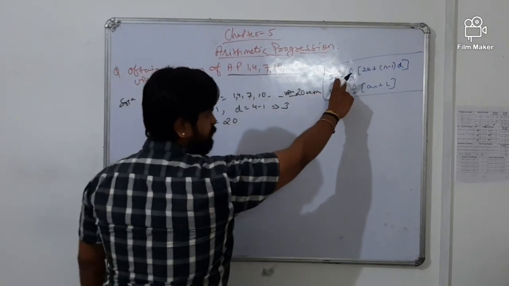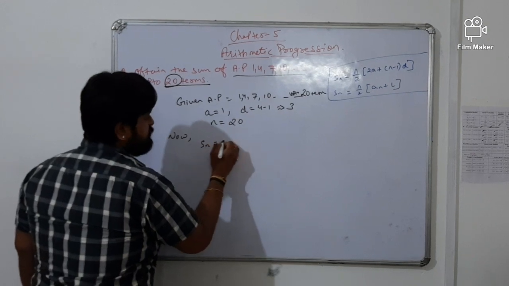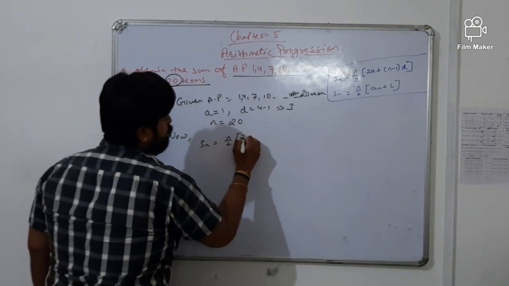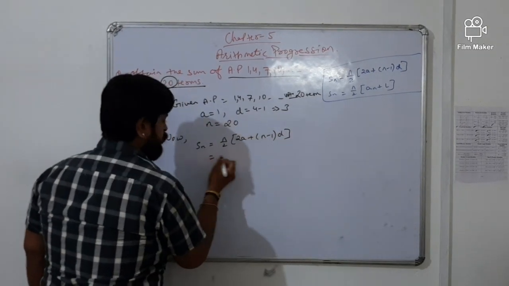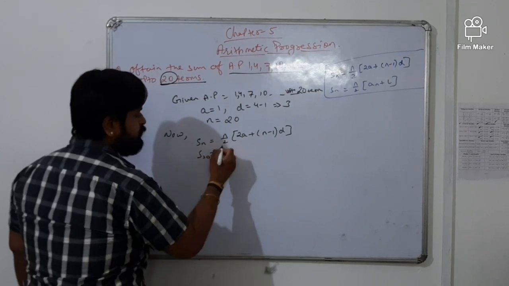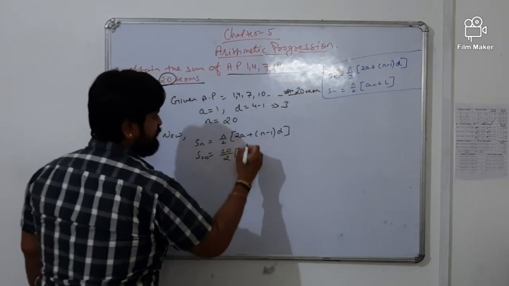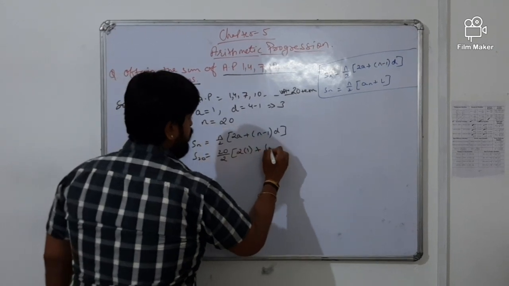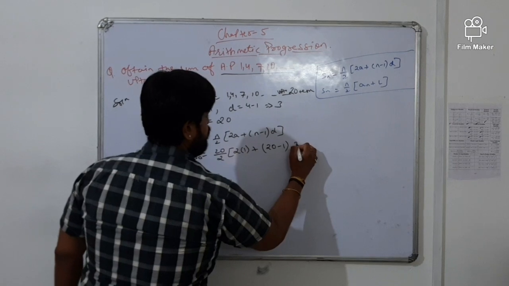Now we will use this formula: Sn is equal to n by 2 (2a plus (n minus 1) into d). Now put all the values. The value of n is 20, so 20 upon 2, 2 into a means 1, plus n means 20 minus 1, and d means 3.